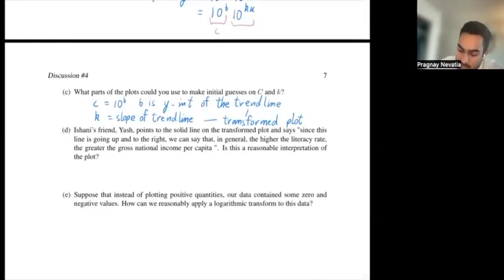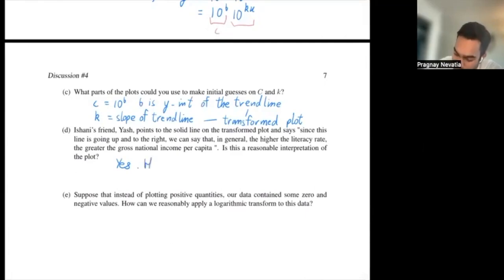Yes. And that is because, as Yash rightly pointed out, the trend line is indicating that the trend of this data is increasing. The GNI is increasing with increasing literacy rate.